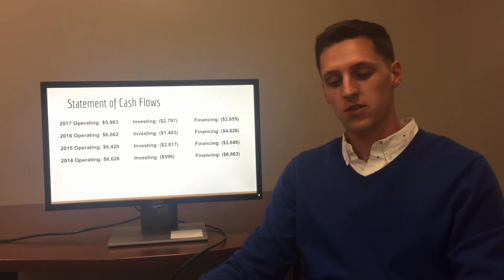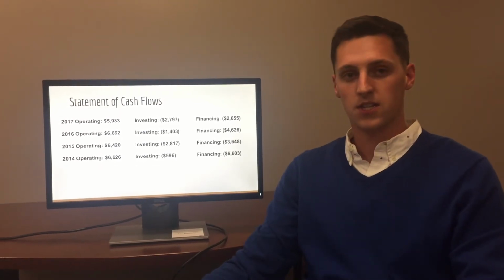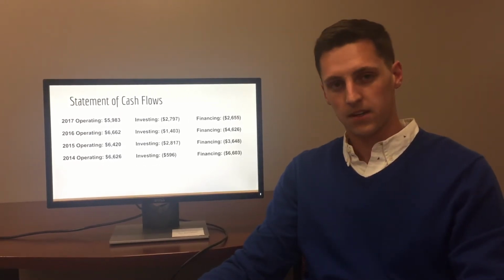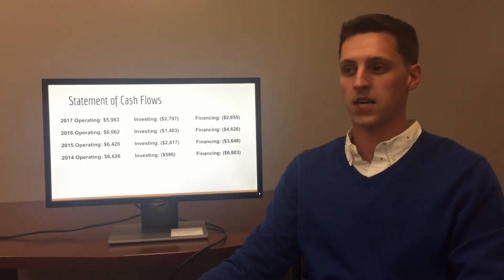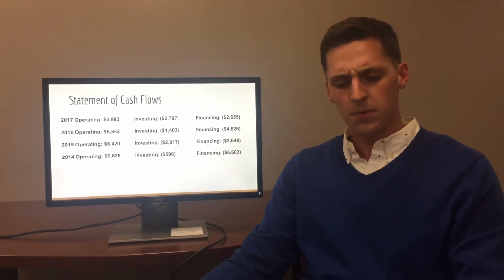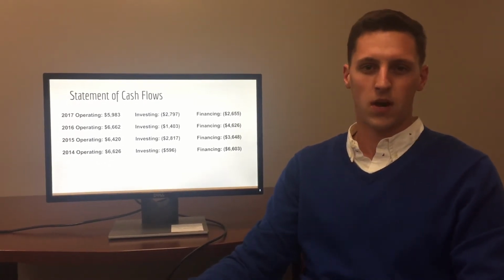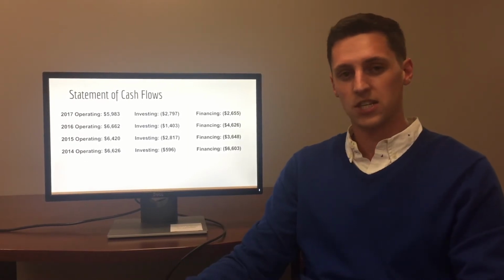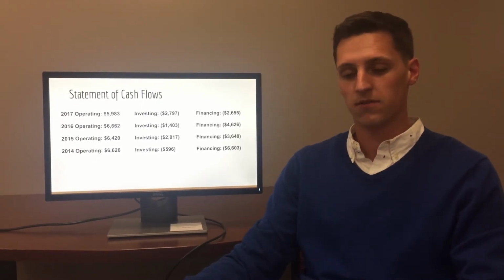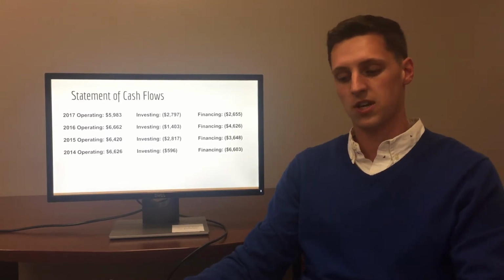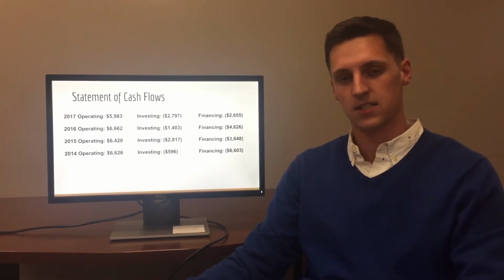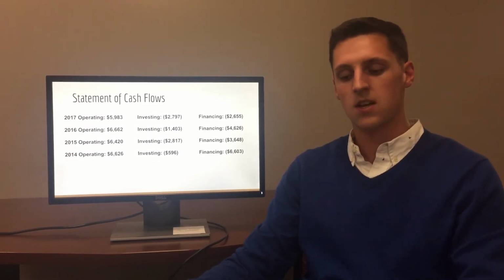And then moving on to the statement of cash flows, we can see generally that the operating cash flows have stayed pretty much the same throughout the years. These 2017 numbers haven't actually been released by the firm yet, so these are all just numbers from Yahoo Finance instead of from the annual statements.